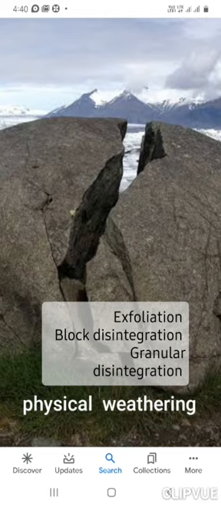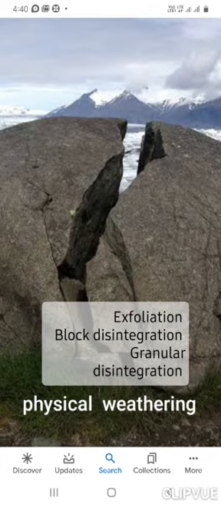So in exfoliation, granular disintegration, and block disintegration, the process is the same, but the place or type of rocks may change. Because of this, the three types are divided under physical disintegration. Okay, can you understand, students?